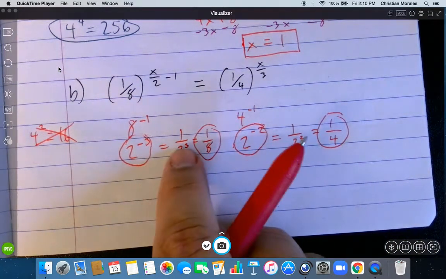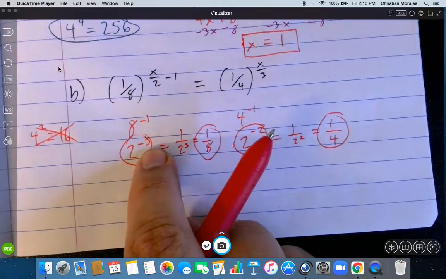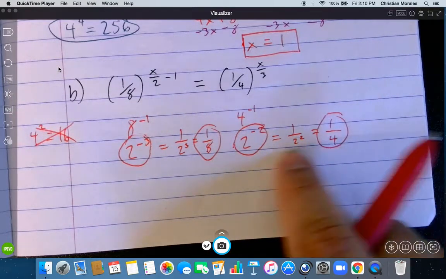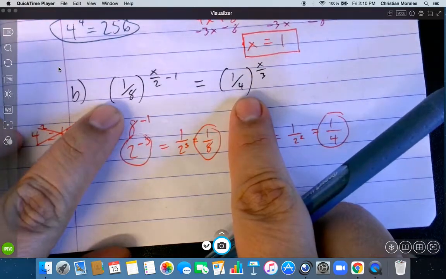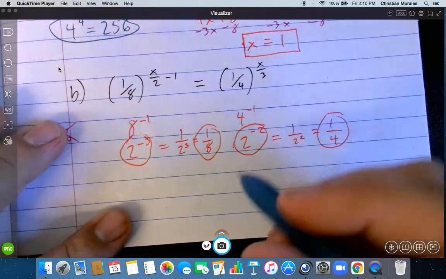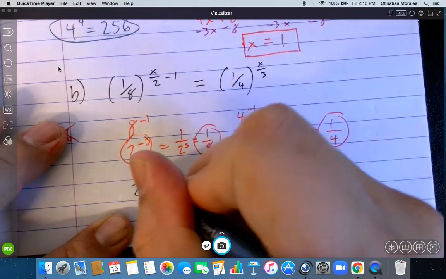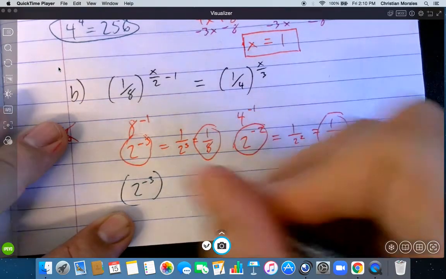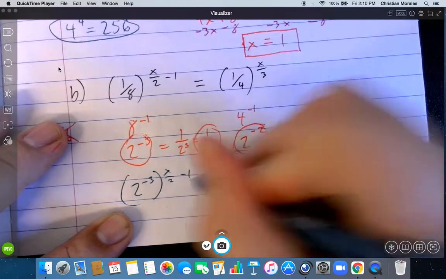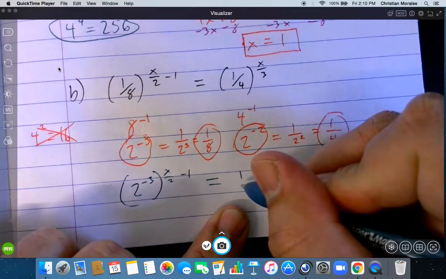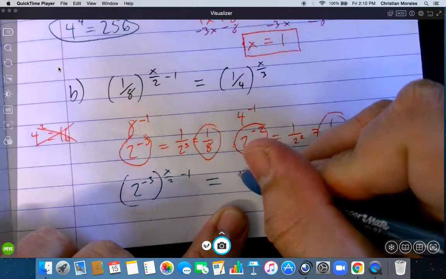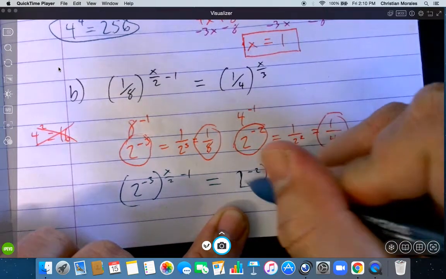So I can switch out this fraction with 2 to the negative 3, and I can switch out this fraction with 2 to the negative 2. This problem will then change to 2 to the negative 3, and over here it'll change to 2 to the negative 2.